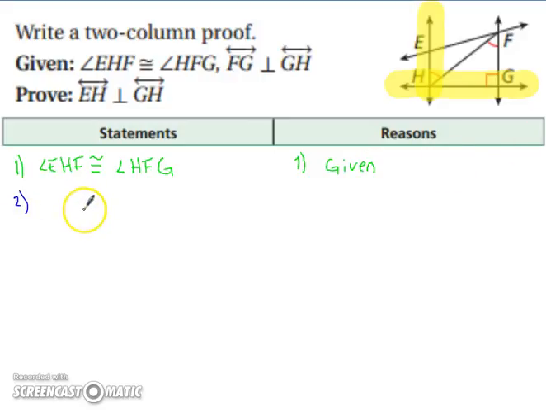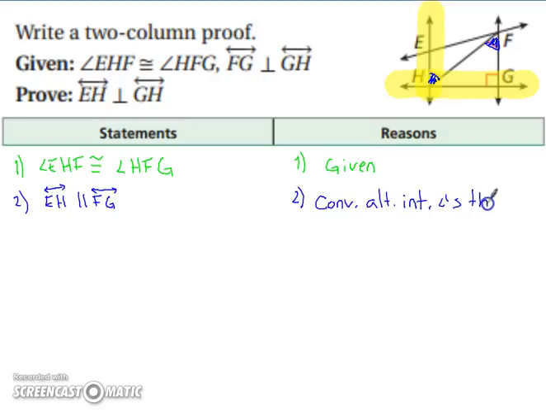Then we have the fact that EH is going to be parallel to FG, because if you notice, these two angles form alternate interior angles. If alternate interior angles are congruent, then the lines must be parallel, and the theorem that states that would be the converse of the alternate interior angles theorem.